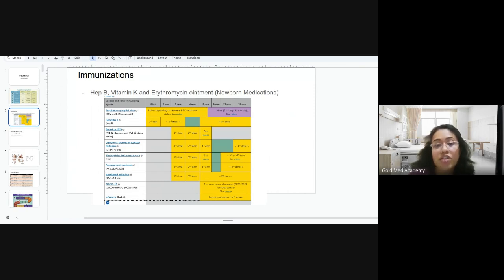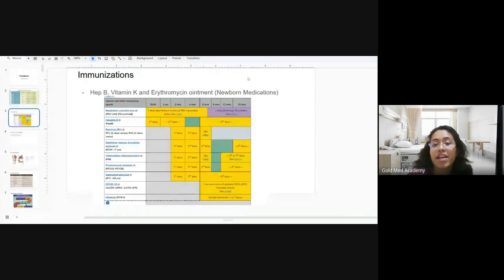And erythromycin ointment we're also going to give, and this is to prevent any sort of infections that they might have contracted from the mom in the birth canal, to prevent those infections from affecting the newborn. If mom has some sort of infection like an STI or STD, usually what you'll see is that when the newborn gets it, it can sometimes lead to what they call neonatal blindness.